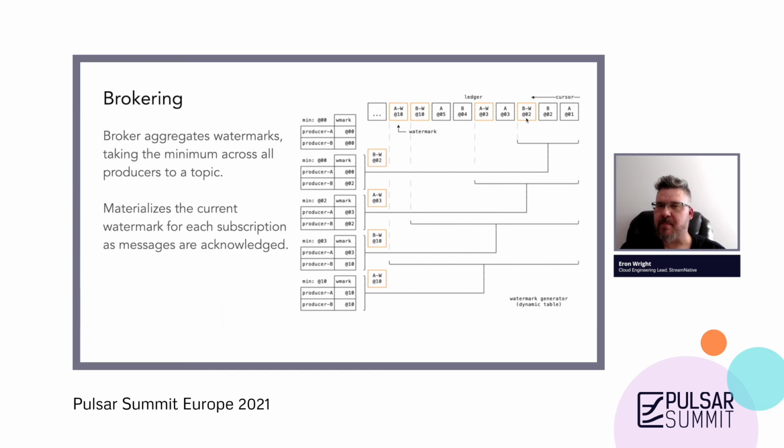But producer B doesn't know anything about producer A and isn't responsible for making assertions on producer A's behalf. It's the broker's job to aggregate those assertions.